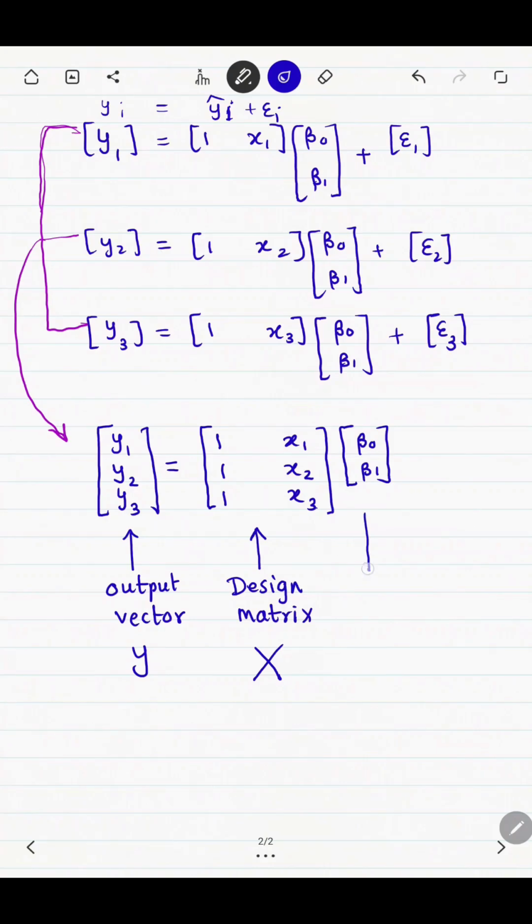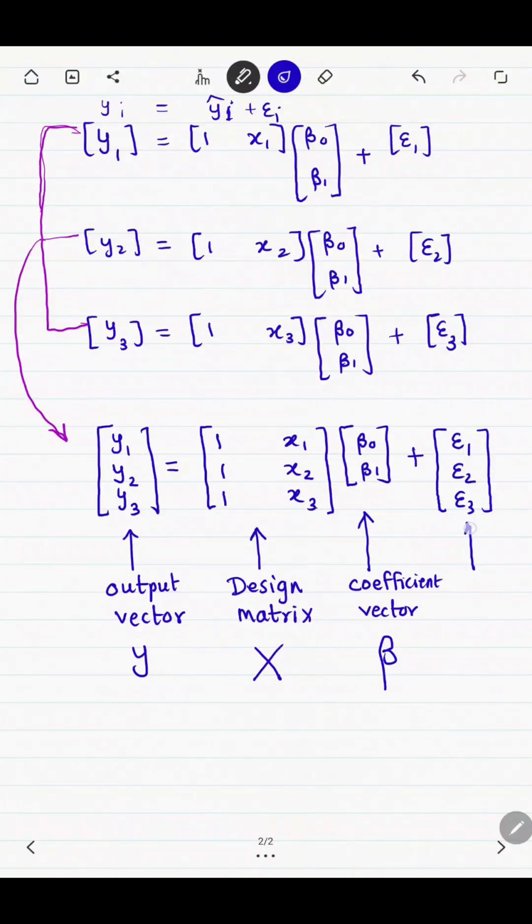This is the coefficient vector beta, a column vector again. And we can also stack together epsilon 1, epsilon 2 and epsilon 3, which is the error vector. Now the same thing can be written as y is equal to x beta plus epsilon, where each of them is a matrix.